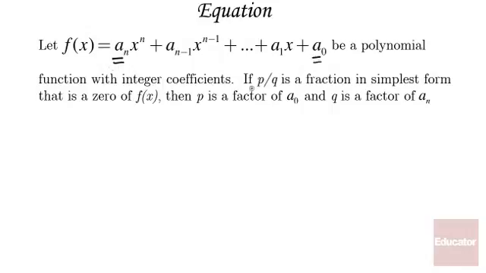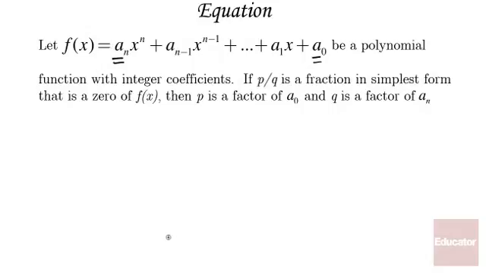If p over q is a fraction in simplest form that is a zero of f of x, then p is a factor of a sub 0, which is the constant, and q is a factor of a sub n, which is the leading coefficient.